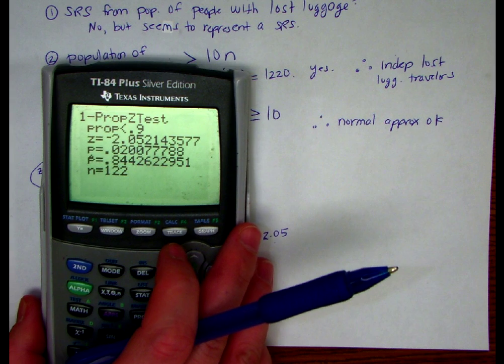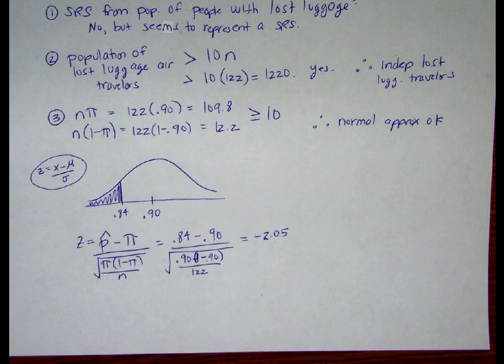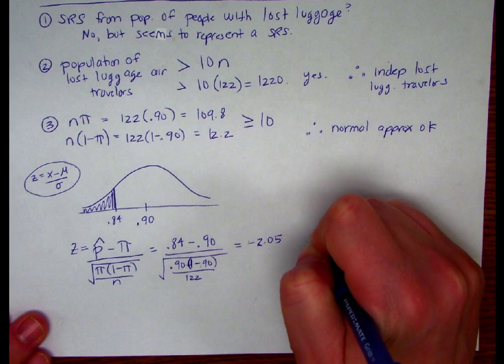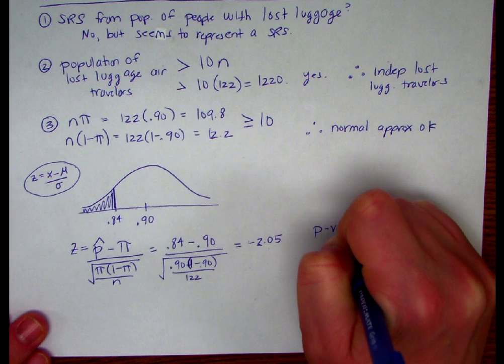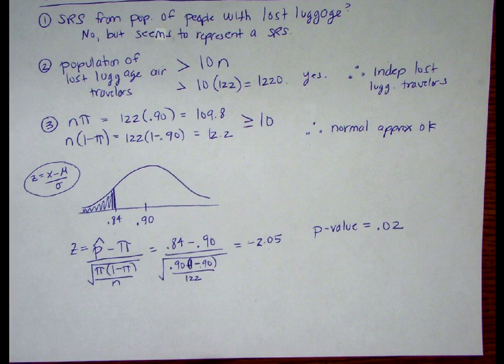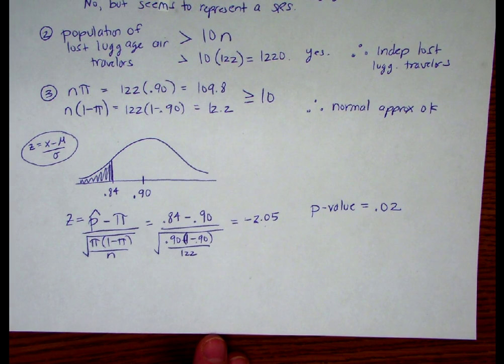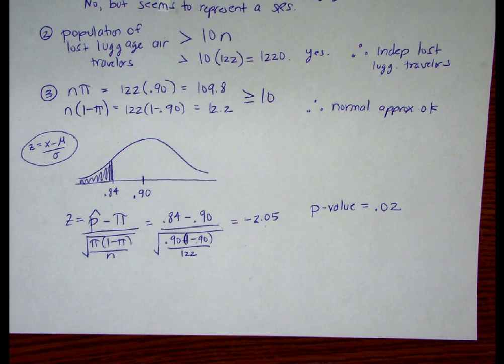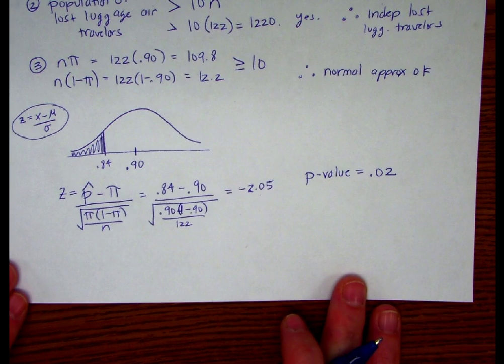So we'll write that. The p-value equals 0.02. Now this is where you're going to make your decision. I have special ways to do this. So let's just do it, and then I'll explain how this works, okay?